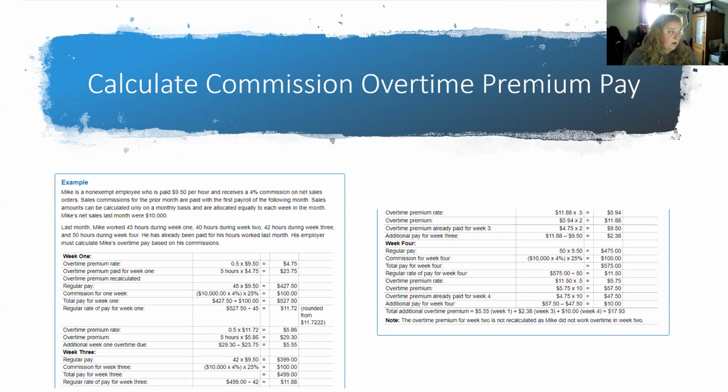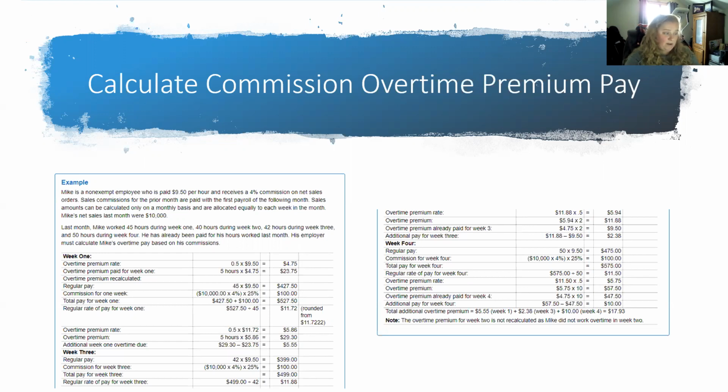Week 3, on the other hand, he worked 42 hours. And so again, we calculate his regular rate of pay. His total pay for the entire week was $499. If we divide that by 42, we get $11.88.